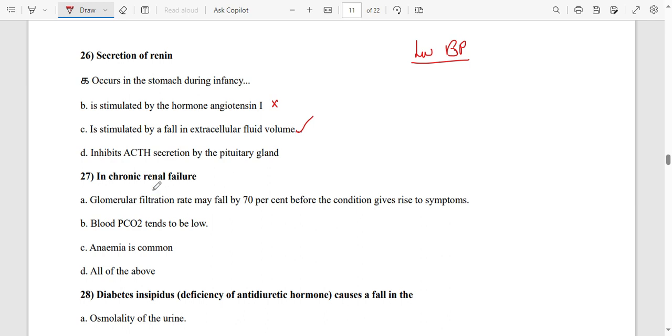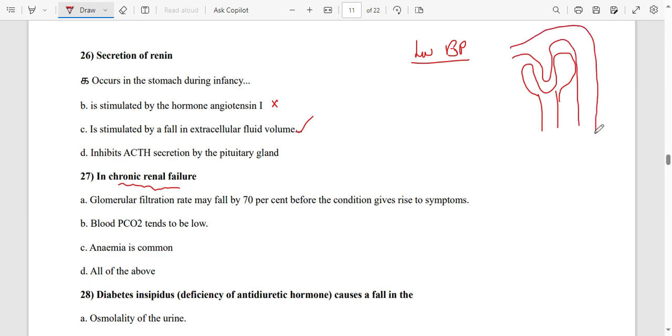Okay. So what happens in chronic renal failure? In chronic renal failure, the kidney is not working well. Since the kidney is not working well, it has affected the reabsorption and the other processes that happen in the kidney, right? Because it can't work well, it affects the way things are going to be excreted.